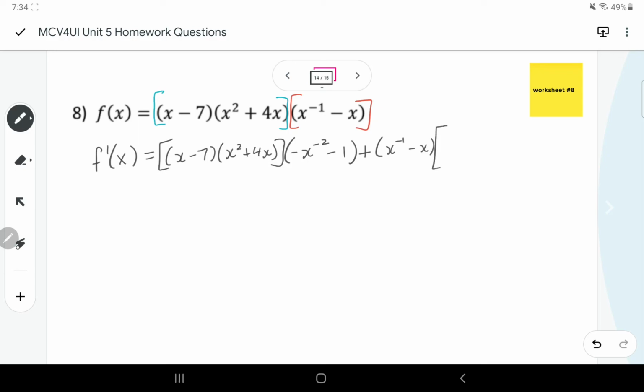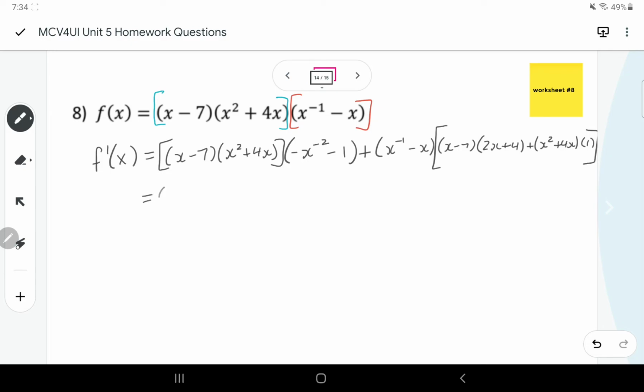And when we're doing the derivative of the first, that's a product rule itself. We're going to do product rule to take the derivative of the stuff in those blue brackets. So here I get the first, x minus 7 times the derivative of the second, which is 2x plus 4, plus the second, which is x squared plus 4x, times the derivative of the first, which is just 1.